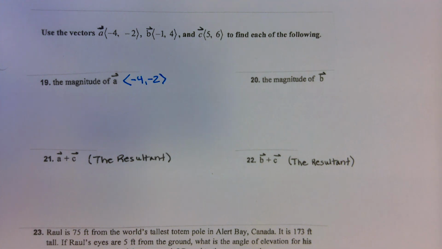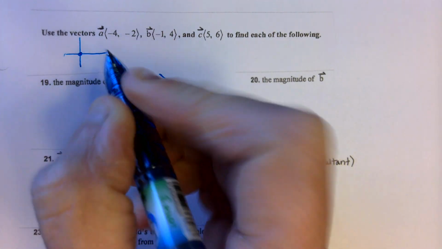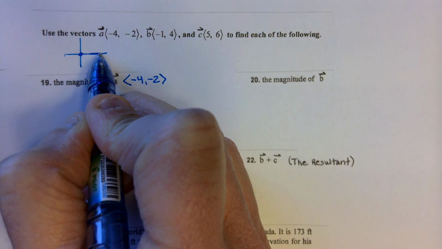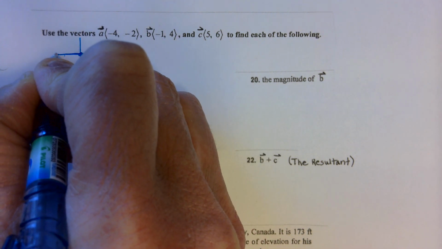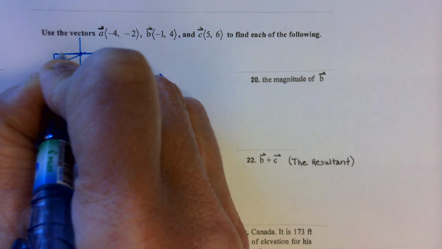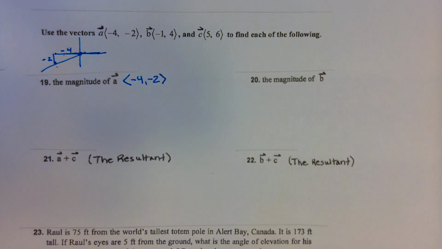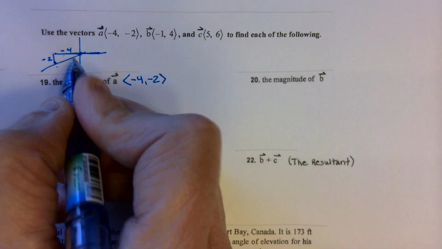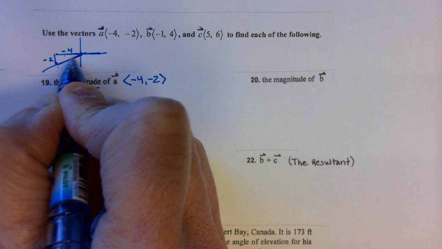And remember, that's kind of like a coordinate. That means that on a coordinate plane, if you were starting here, it went -4 and then -2. So what you really can do, and you're trying to find the magnitude, so you're trying to really find this length right here.